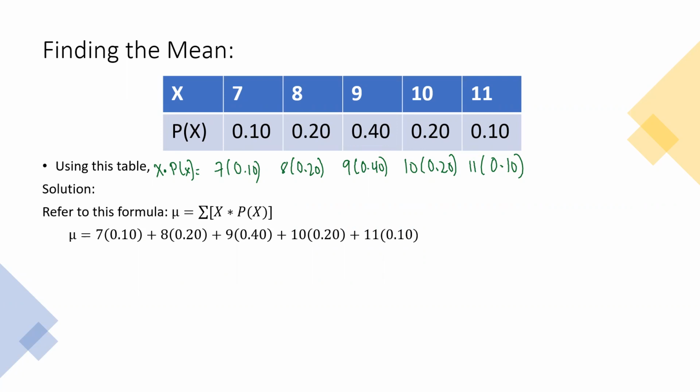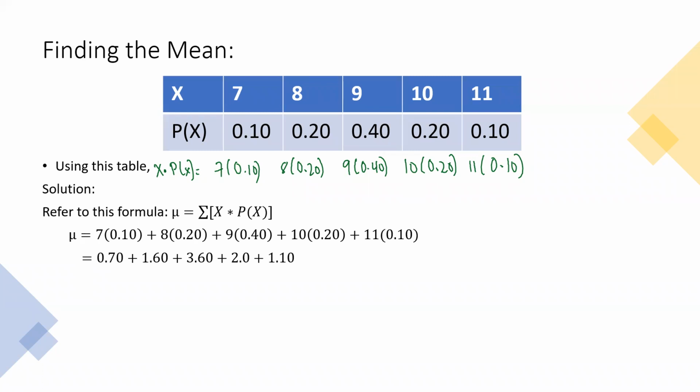That's why there is a plus. Remember the PEMDAS, right? We're going to multiply first before we add. So 7 times 0.10 is 0.70, while 8 times 0.20 is 1.6, while 9 times 0.40 is 3.60, while 10 times 0.20 is 2.0, while 11 times 0.10 is 1.1.